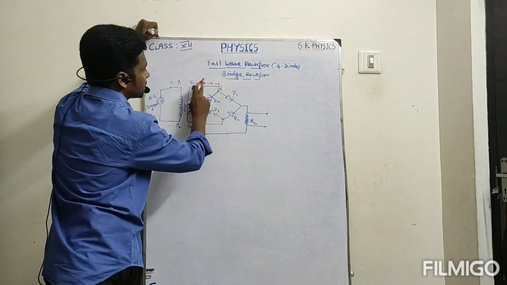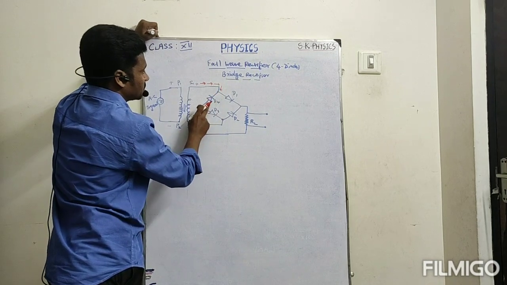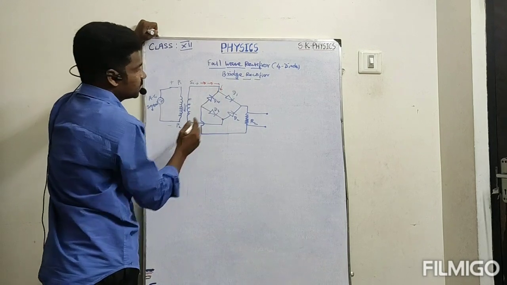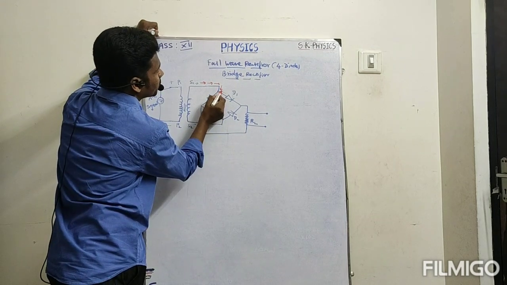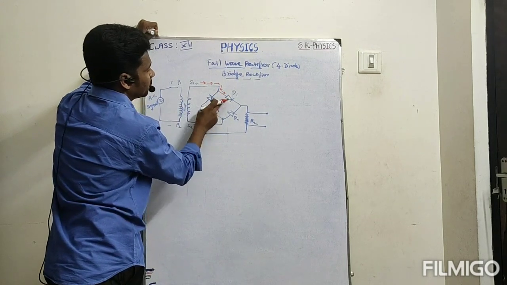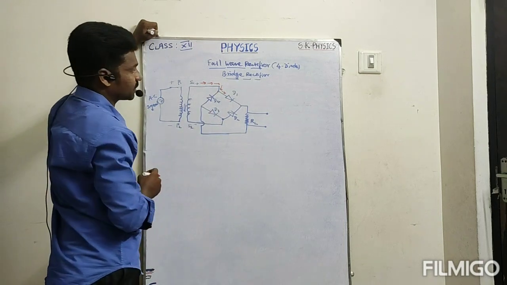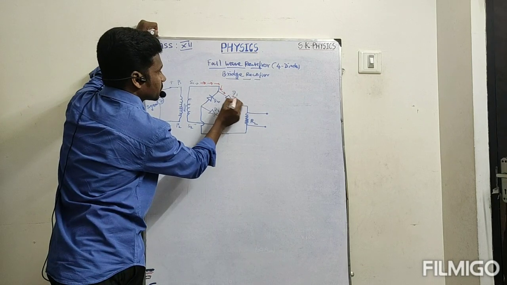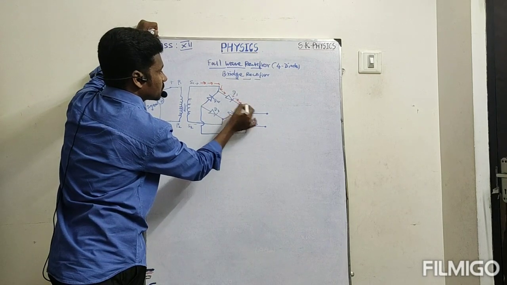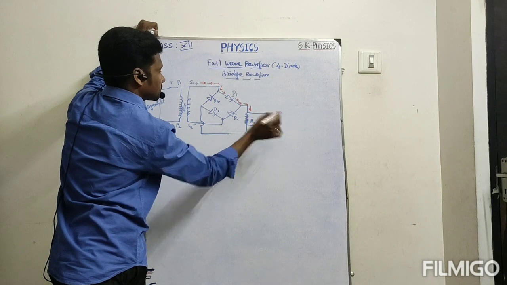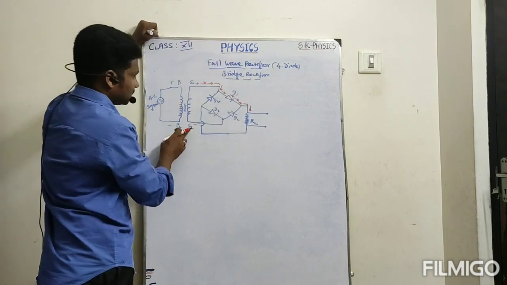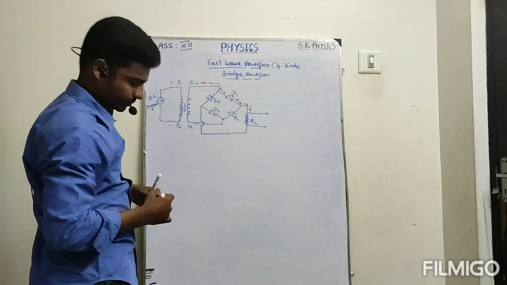See that this is positive, but the D4 diode is negative, so it is not functioning. But the D1 diode is positive and positive, so it is functioning. So you can get this output here. At the same time, negative will come here.